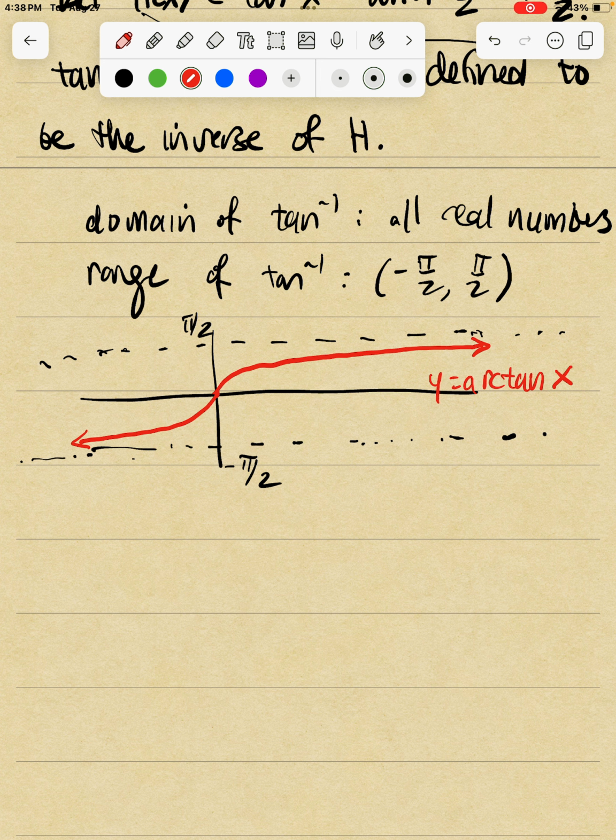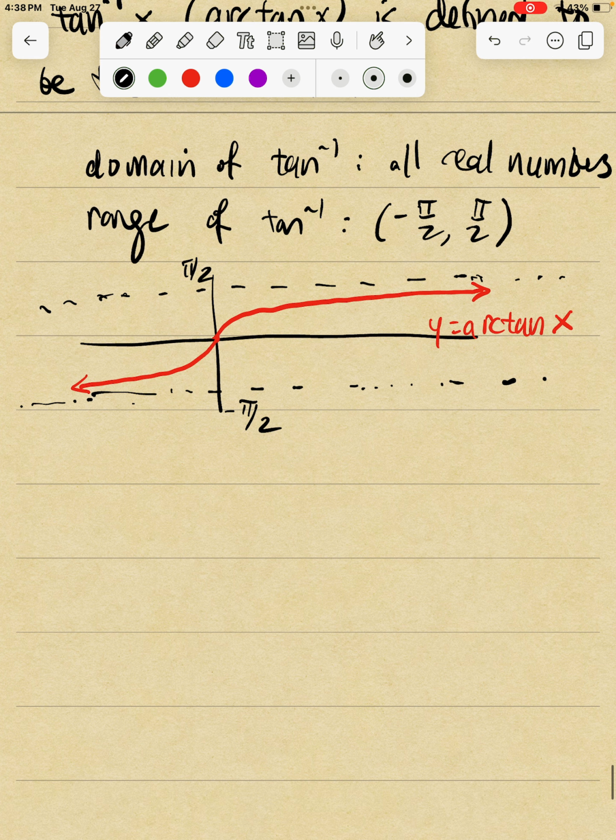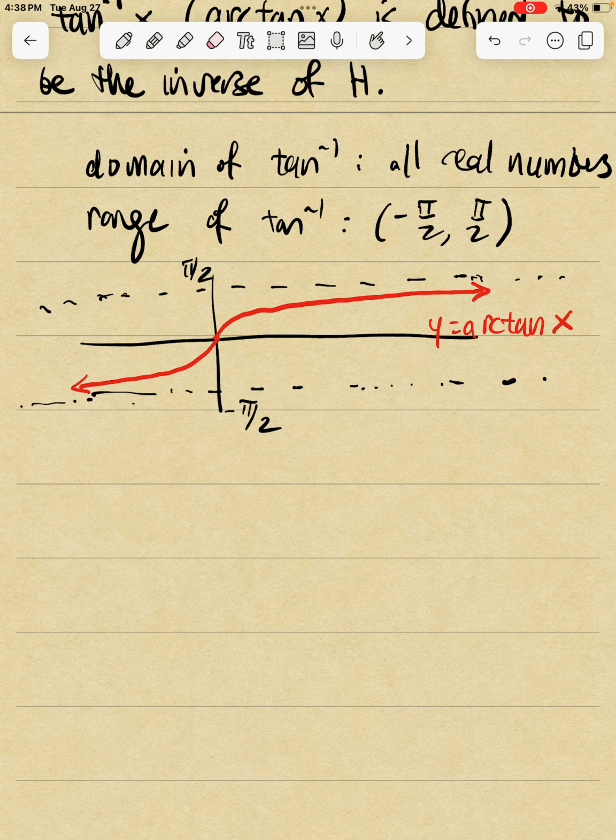Okay, and there's also inverse functions of something called cotangent, secant, and cosecant. Let's say what those are first. Let's do cosecant first.